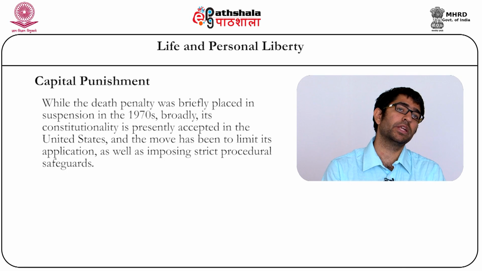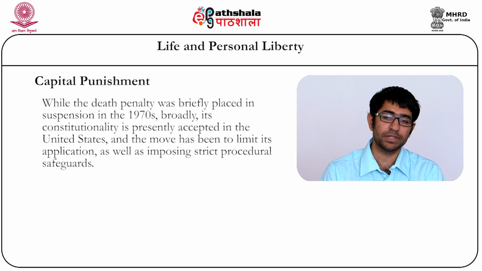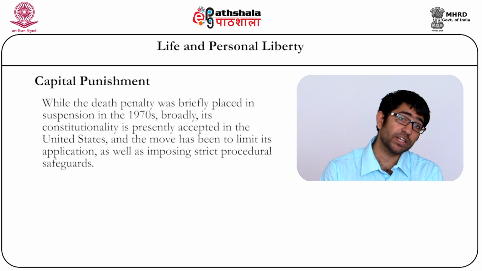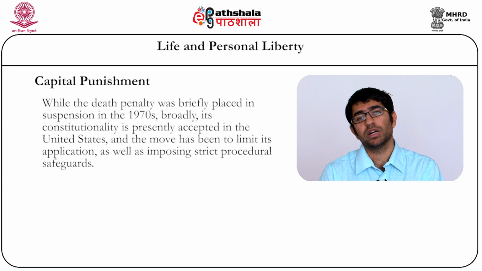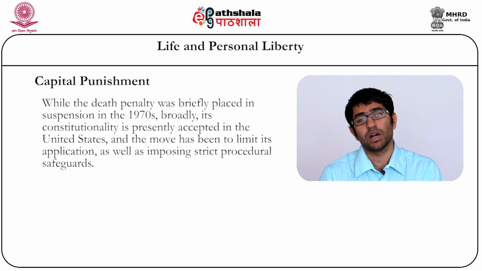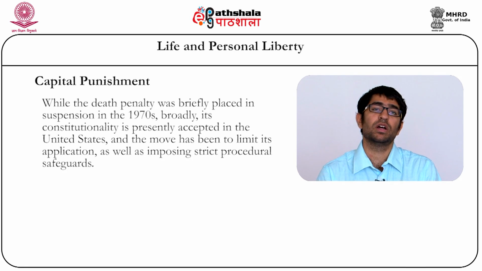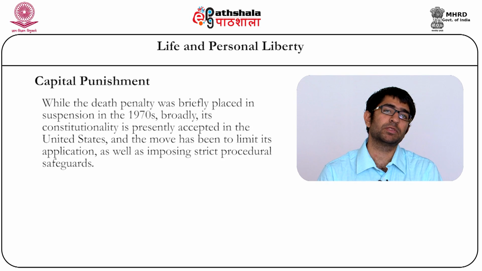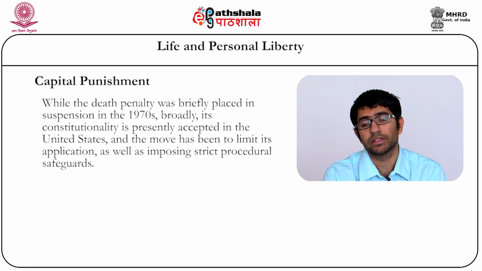So as of now, broadly, the constitutionality of the death penalty is accepted in the US, and the move has been to limit its application as well as improving upon procedural safeguards. So, for example, the death penalty for minors, for insane people, and for crimes that do not involve murder or taking the life of the victim have gradually begun to be phased out via the judiciary.